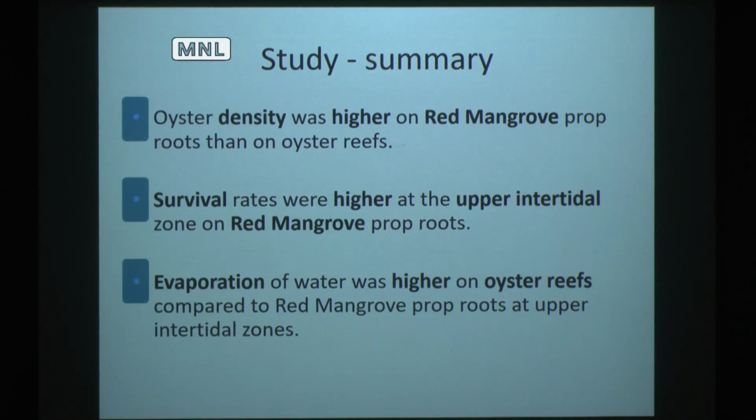Well, there's a lot of effort and money put into restoration projects for oysters all around. And the results from this study suggest that red mangroves could serve as a refuge from desiccation stress for oysters. So as temperatures keep increasing due to global climate change, perhaps restoration efforts nearby red mangroves could benefit oysters.